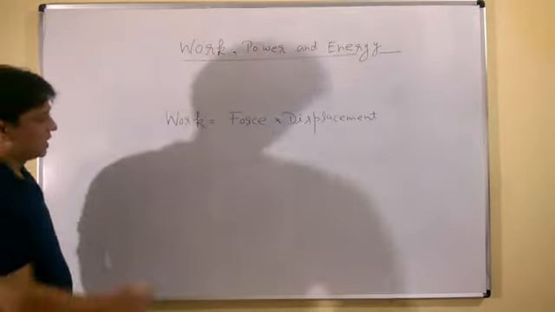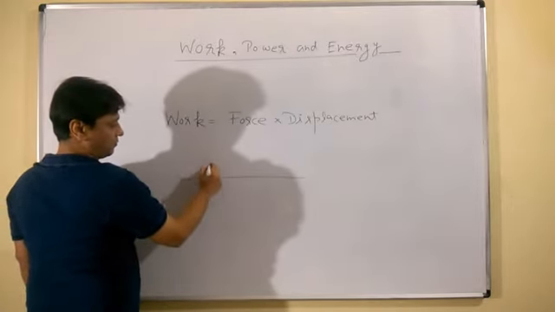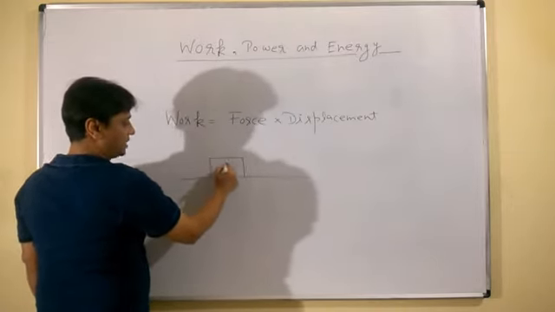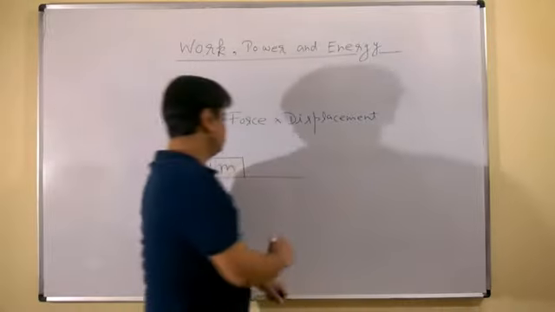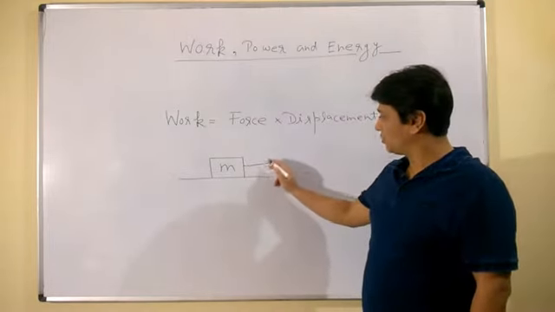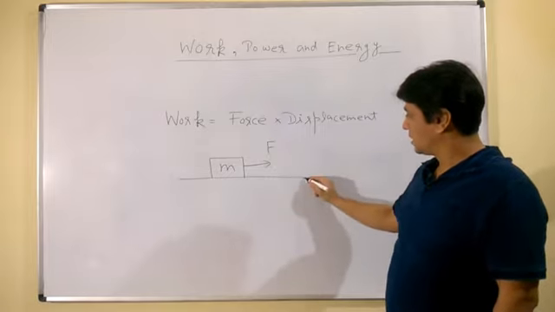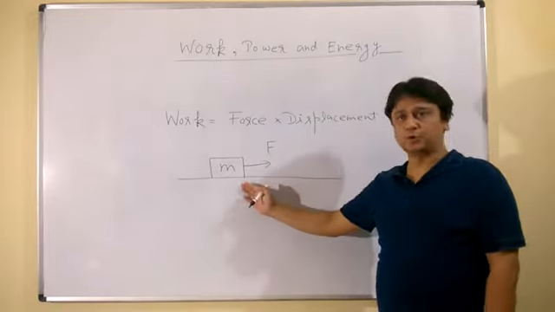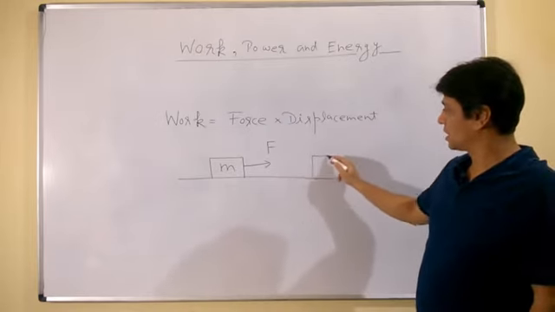What have you been told? That if we have an object of mass m, and this object of mass m is being pulled by a force of F, and it moves from this position to this position.